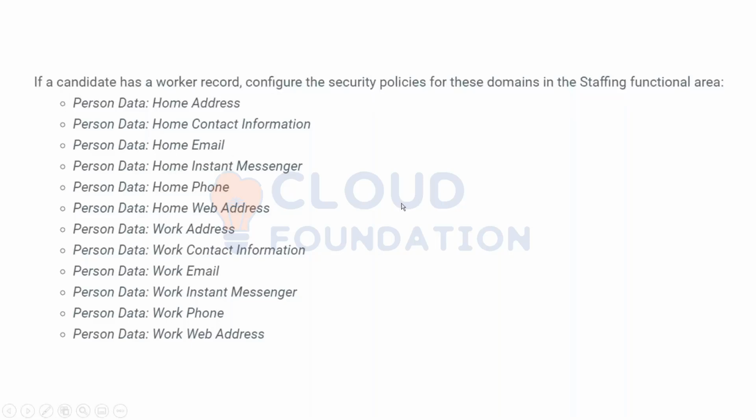Okay, so these domains are for those candidates who have some worker history. For example, either they were part of the organization and they moved to some other organization and again they are coming back, or if they are applying internally within an organization, then they will have a worker record, right? So for those kind of candidates, these domains are present who have worker record as well.